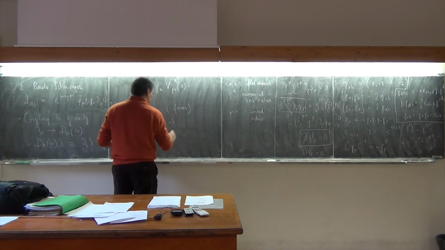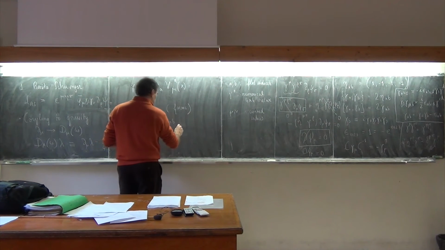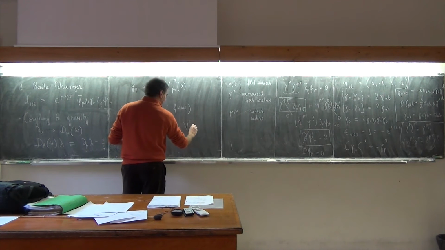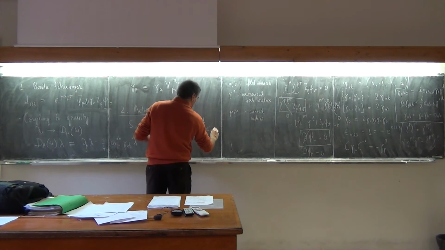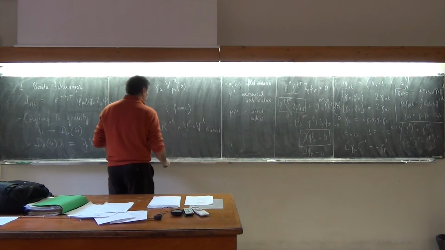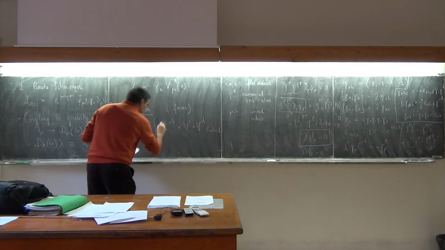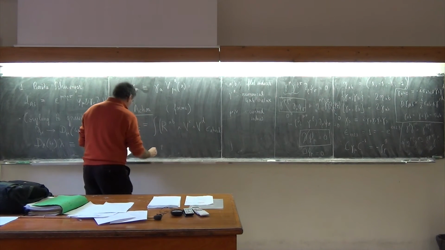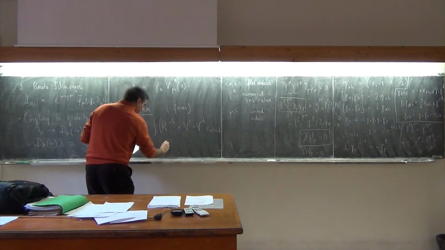These I write in this way. Now I'm writing symbols and then I'll explain them. This will be what is known as the Einstein action, and then you will have the Rarita-Schwinger action. In fact, there is a minus sign.